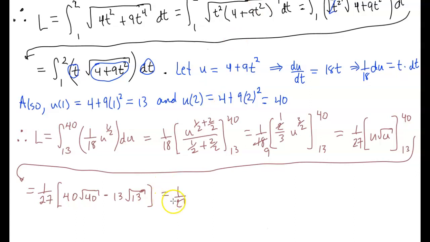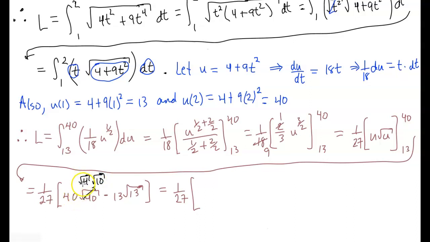And the pen is dragging today. Oh, let's move that back. All right, so let's try to finish this up here. So I've got 1 over 27. And of course, this square root of 40 here, we could rewrite as square root of 4 times square root of 10.